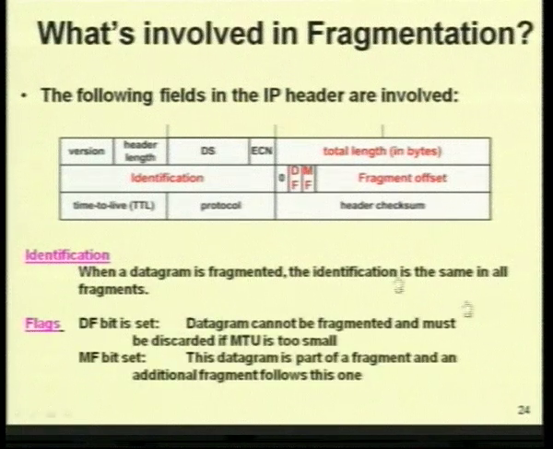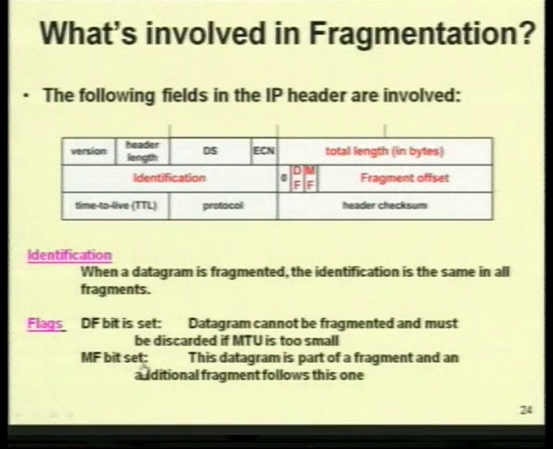Second, we have these flags, the DF flag and the MF flag. The DF flag is set if we do not want fragmentation to be carried out, so if you come to a router where you cannot carry it further without fragmentation, and this DF flag is set, then the packet is simply discarded if the MTU is too small. But this MF flag is more important for us.